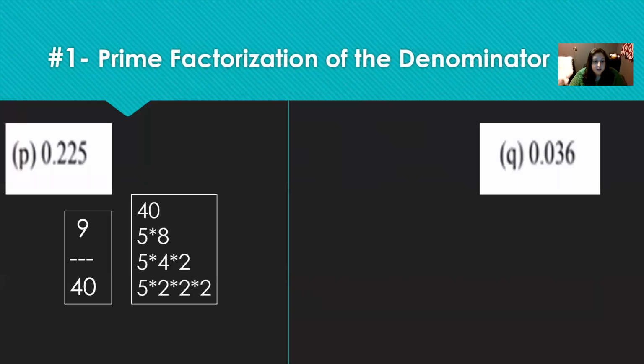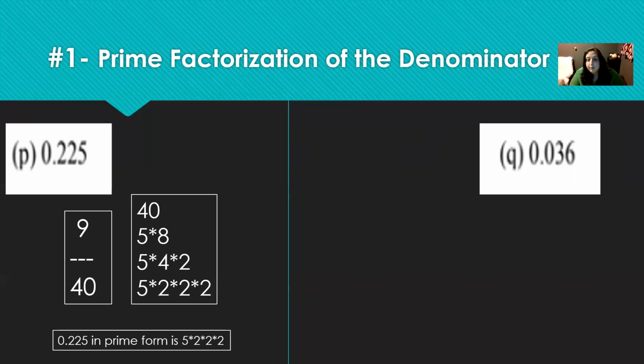And we're going to need to break down that 8 some more. So we're going to break that down into 4 times 2. We're going to bring down that 5 again and bring down that 2. But that 4 needs to be simplified even more. So the prime factorization of 0.225 is 5 times 2 times 2 times 2.